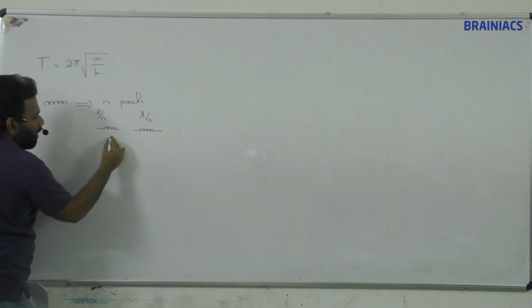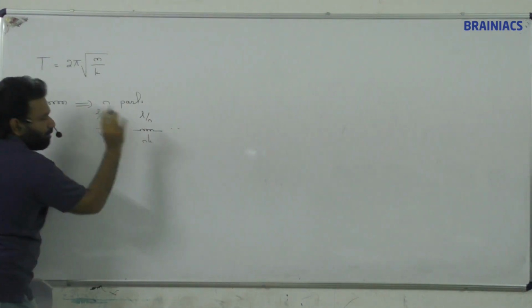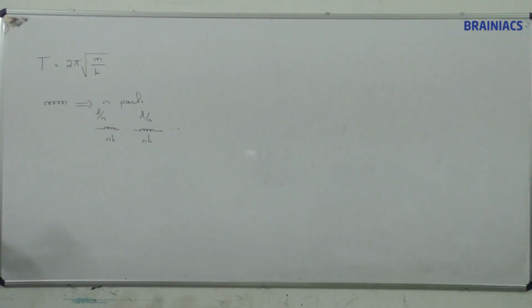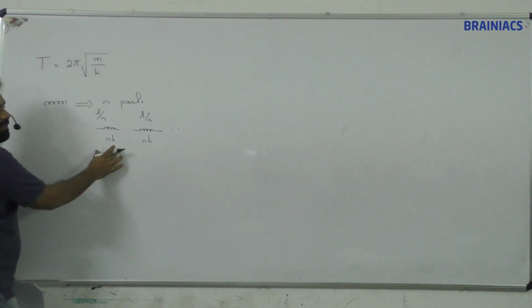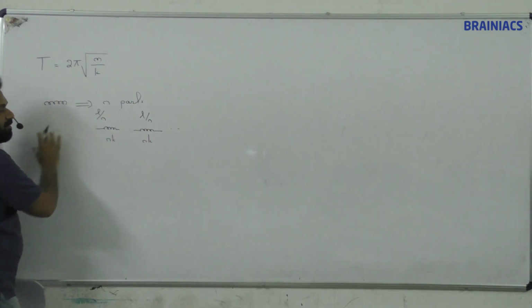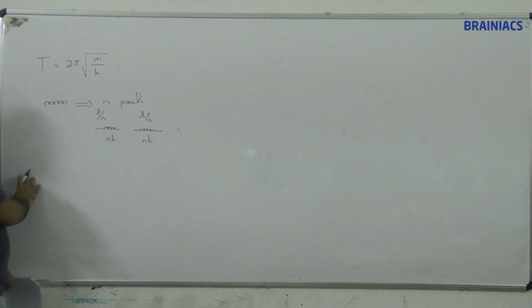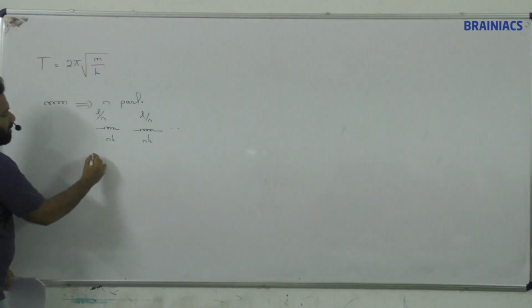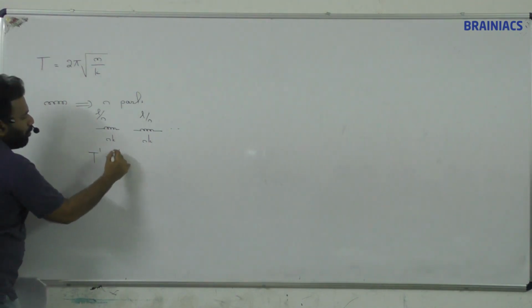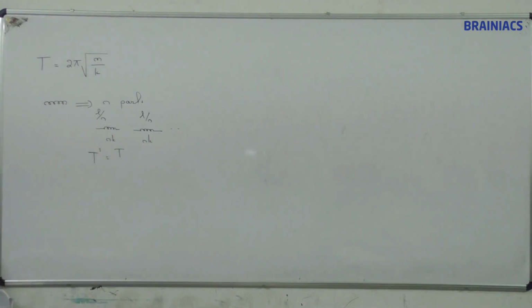Now what will be the time period if we make a simple spring pendulum with each part? T dash with respect to T, what should I write?